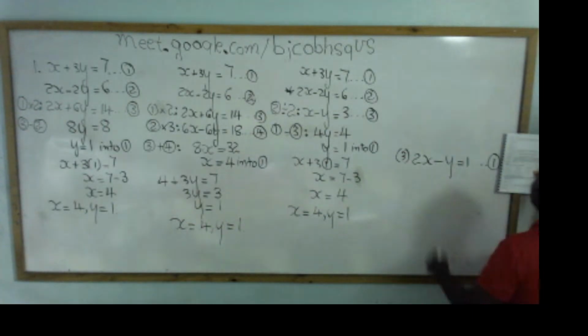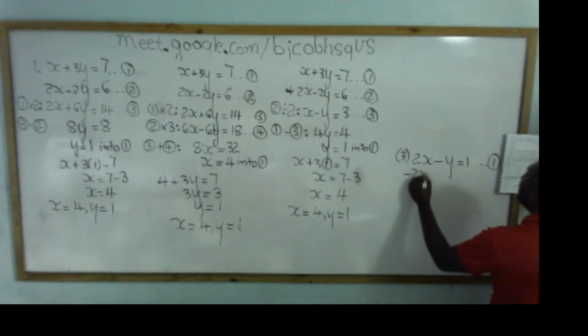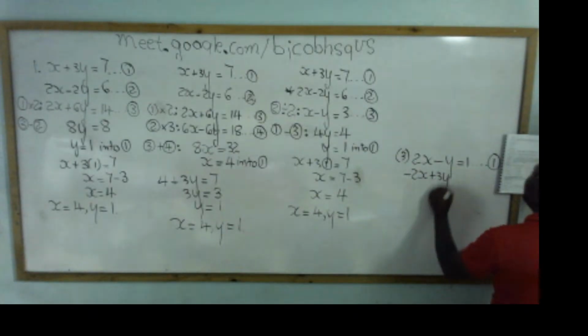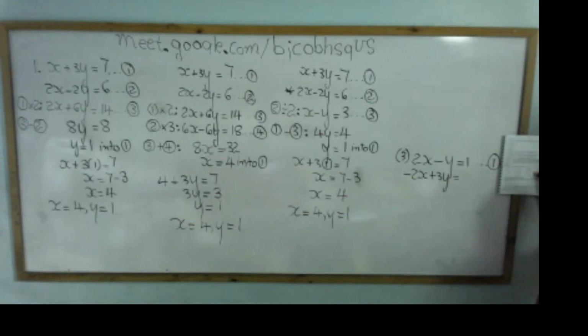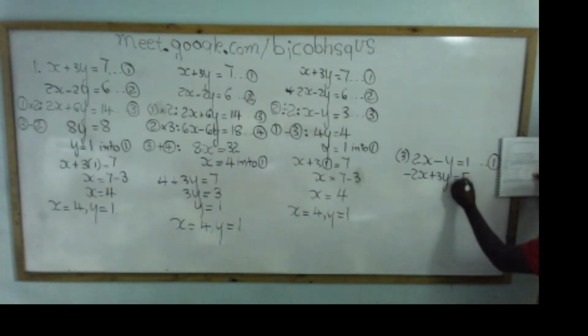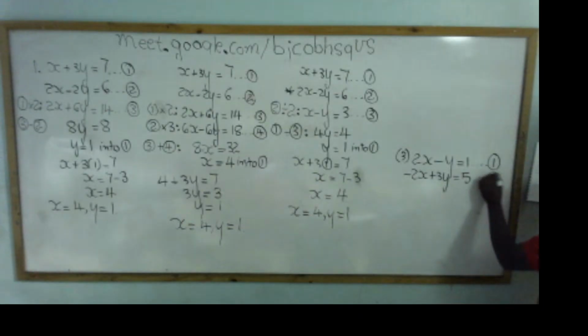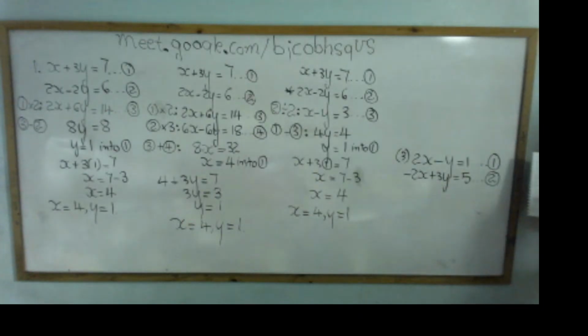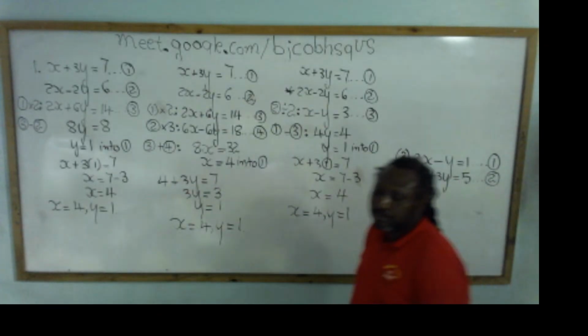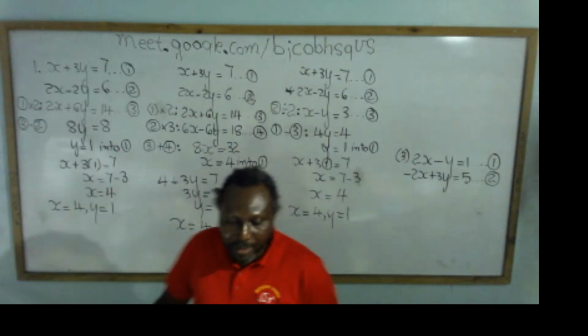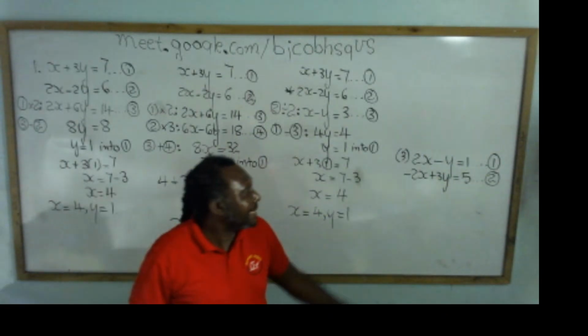We have what? Negative 2x plus 3y is equal to 5, and that is equation 2. So we have 2x minus y is equal to 1, that's equation 1, and negative 2x plus 3y is equal to 5, and that is equation 2. I hope that no one is alarmed that I placed it in that small space.